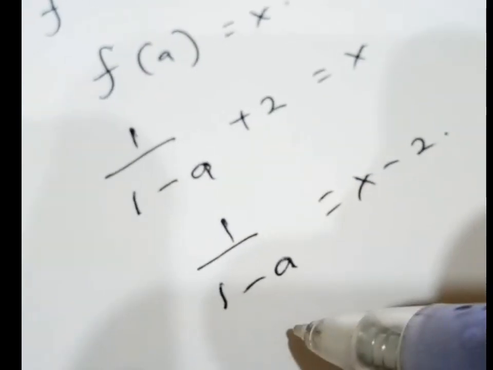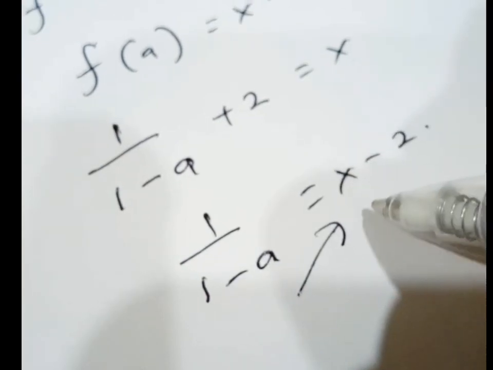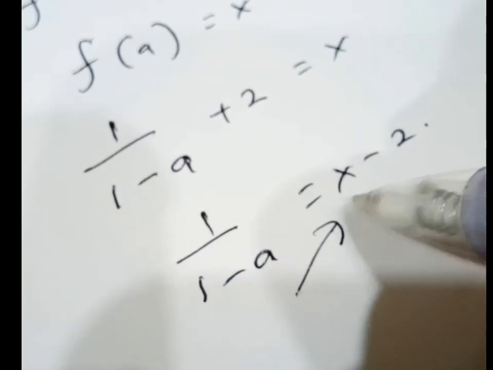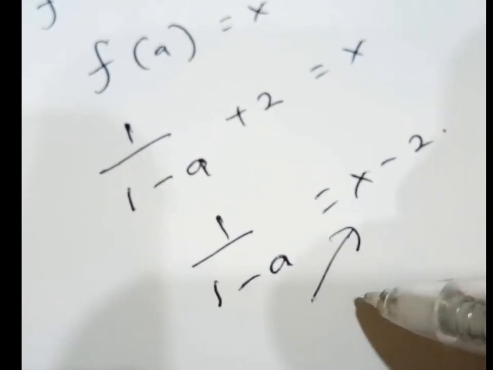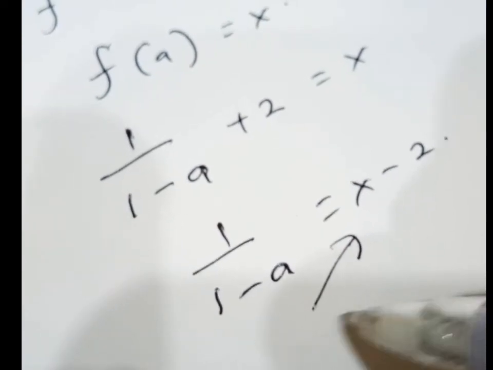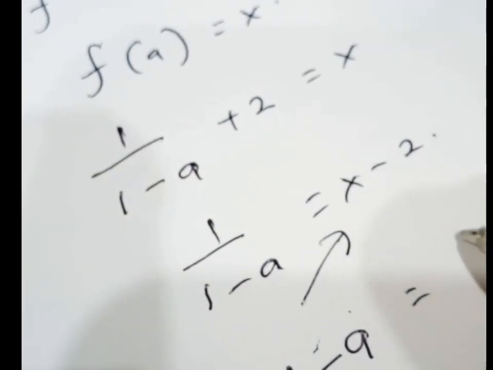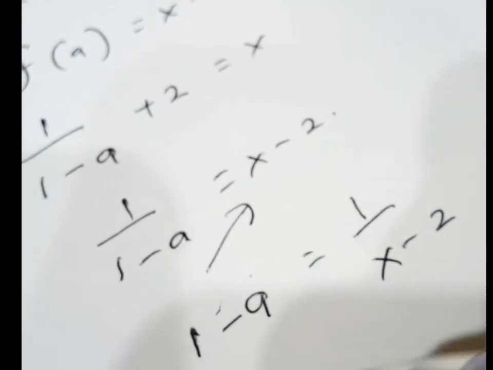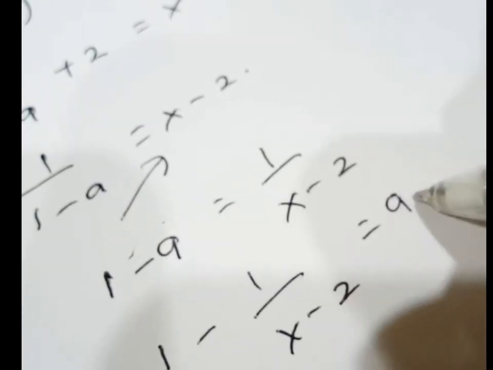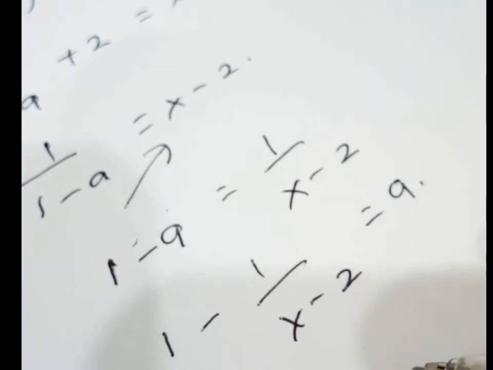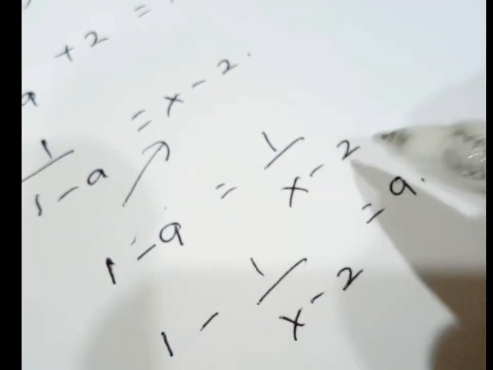So here we bring x minus 2 over. 1 minus a equals 1 over x minus 2, so 1 minus 1 over x minus 2 is a.